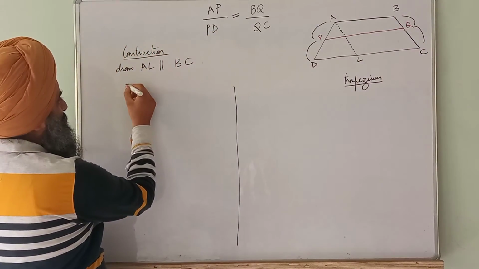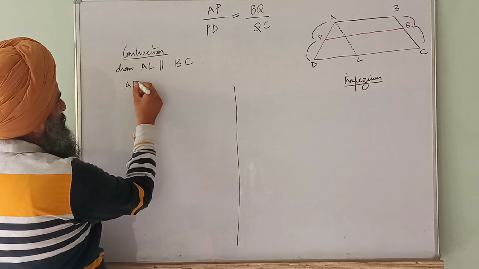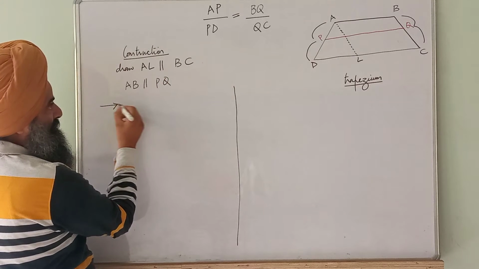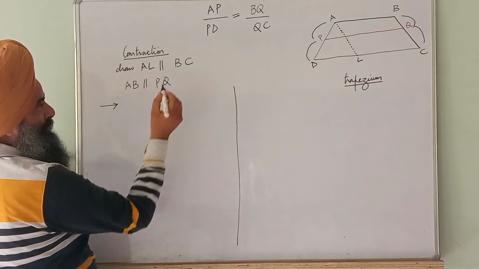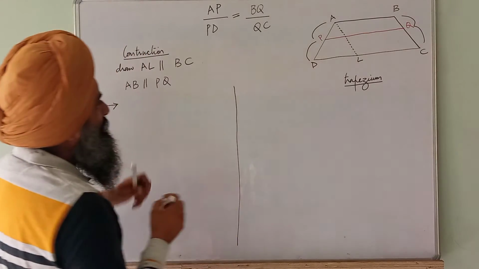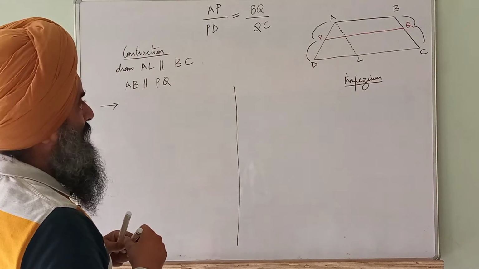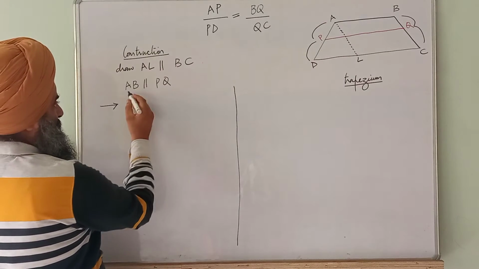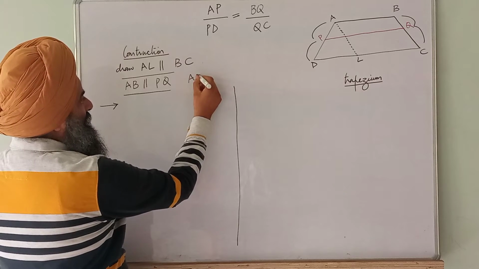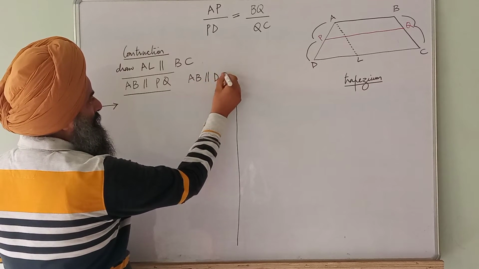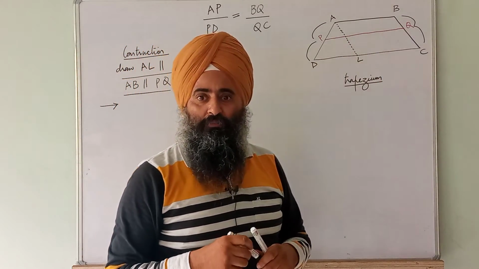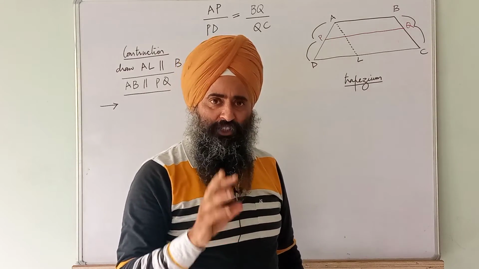When AL is parallel to BC, can any student tell me? It is given that PQ is parallel to AB. AB is parallel to DC, because AB and DC are the two parallel sides of the trapezium.